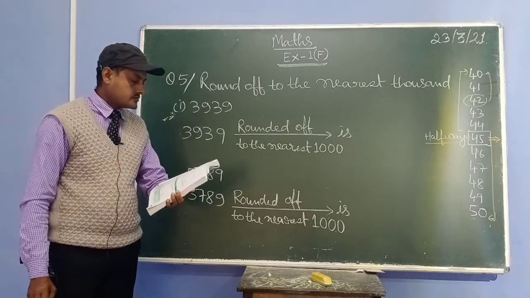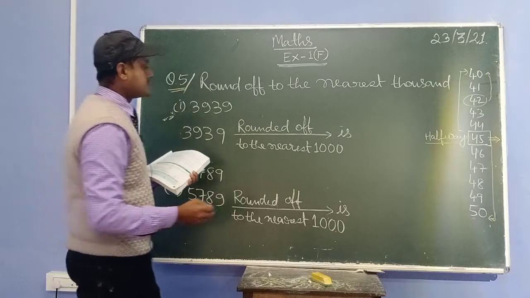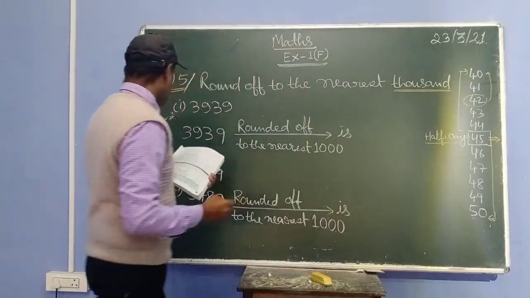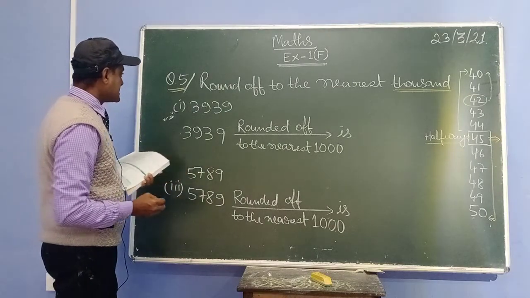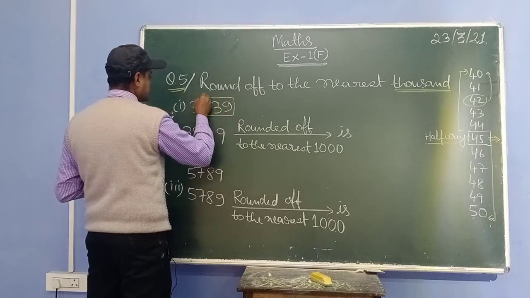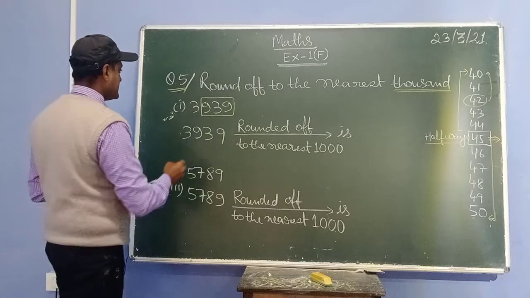Okay, now we will move to question number 5. Round off to the nearest 1000. Part 1 is 3939. Nearest to 1000 means now we have to see these three digits, 939.